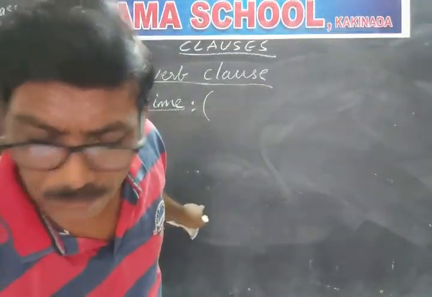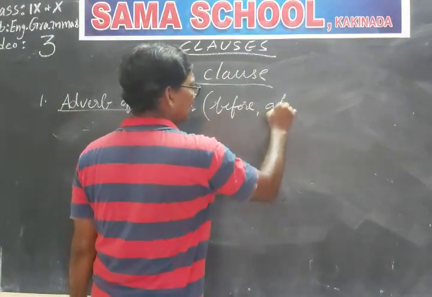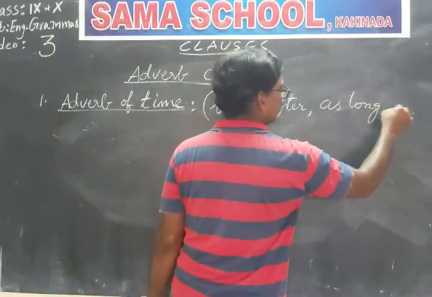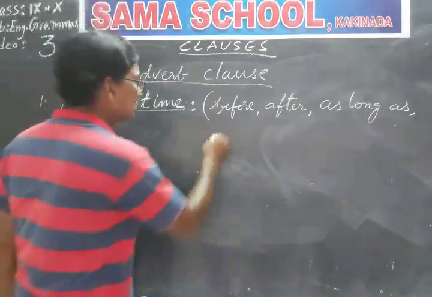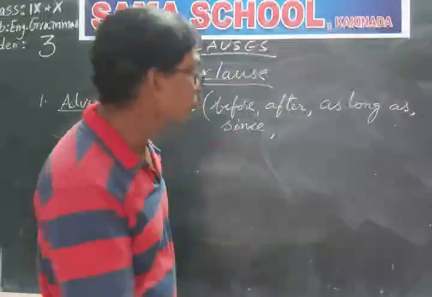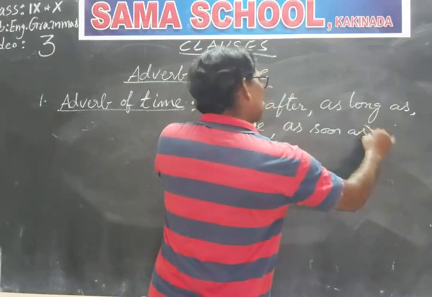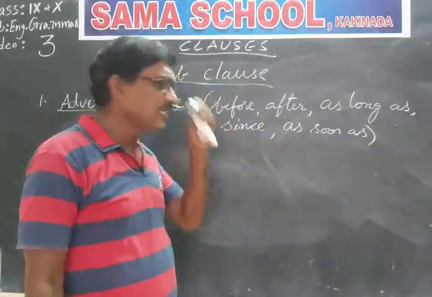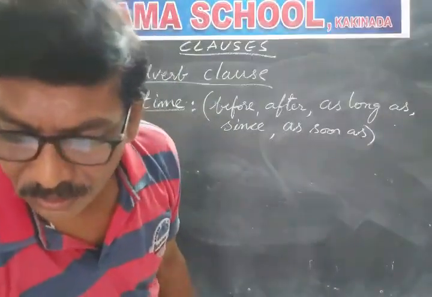What are those? Before, after, as long as, since, as soon as, and so on. Generally this adverb of time starts with these subordinating conjunctions.